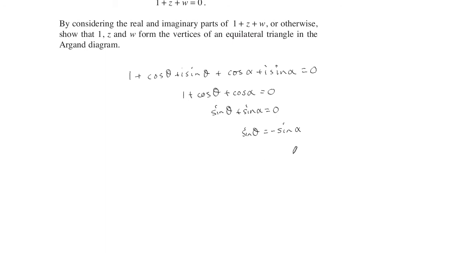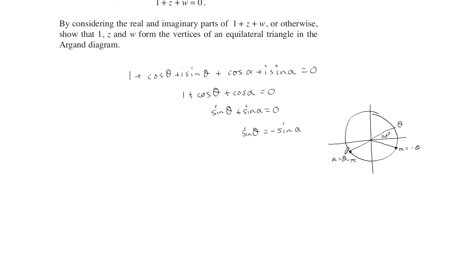Now, that is not necessarily true just from that information, because you can imagine if theta equals 20 degrees, for instance, then you could have alpha being negative theta, but you could also have this one over here, where alpha is theta minus pi. And that would also satisfy that equation. So we can't actually conclude at this point that theta equals minus alpha. So I'm disagreeing with the marking guide here.